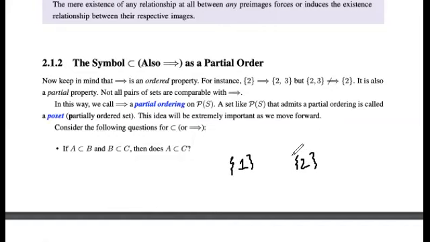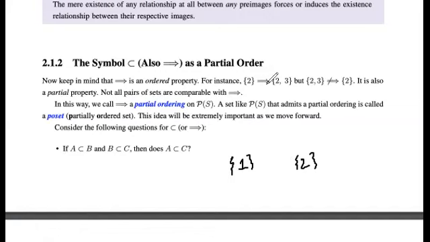Say these are not comparable. This is not a superset of this one or a subset of that one. It doesn't work one way or the other. They're two distinct sets, so in fact there's no relationship at all there. So in this sense, that's why we call it a partial ordering, this symbol.